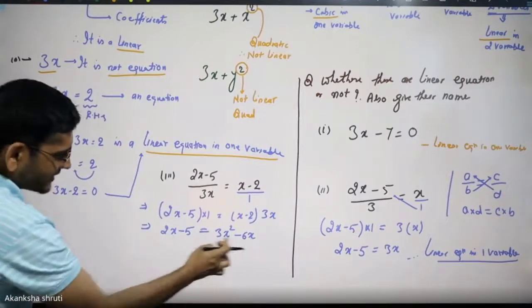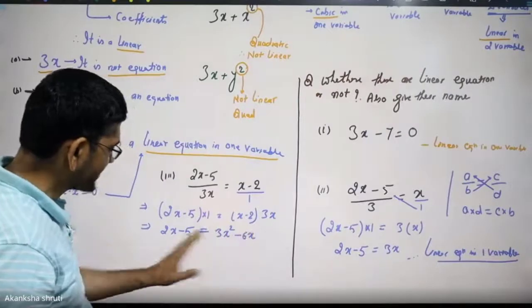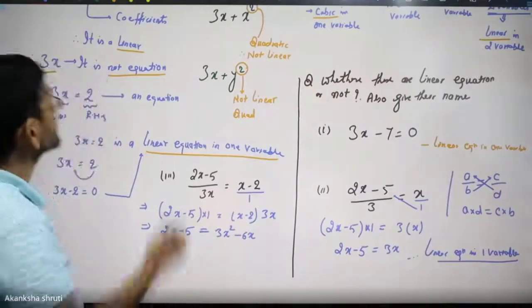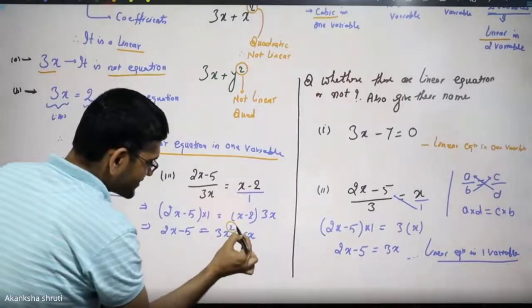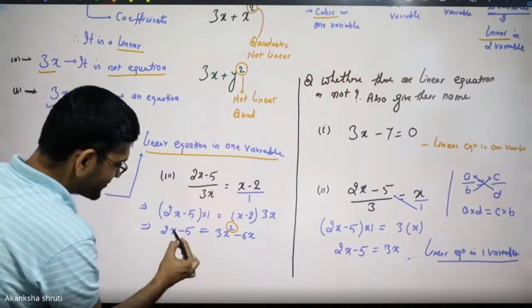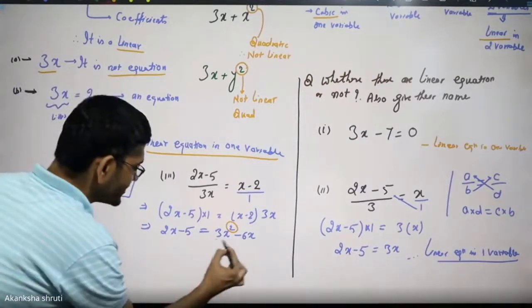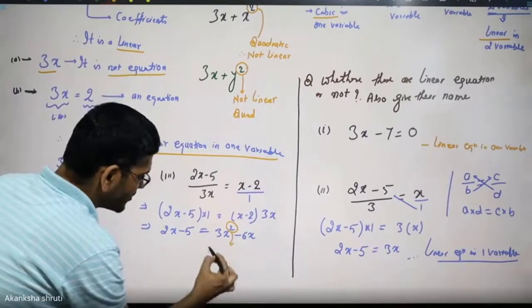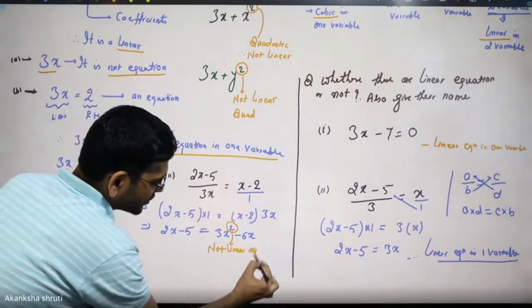After writing in this form, means something left and right of the equal side, you can quickly observe. So what we are observing here, we have this x square, therefore it is not linear, though the others have power 1. So this indicates it is not a linear equation.